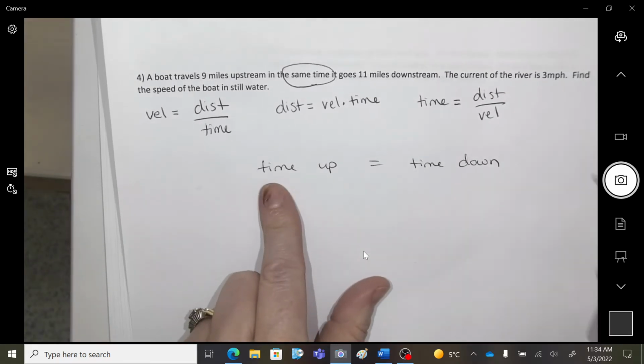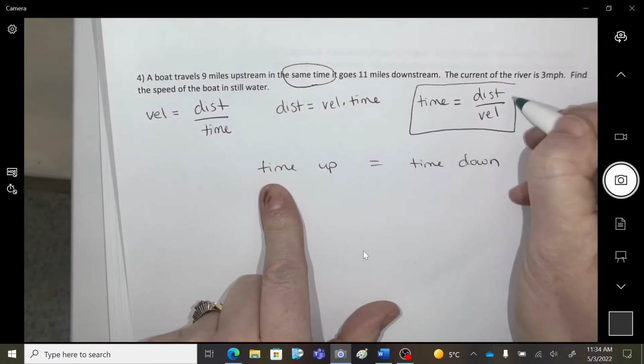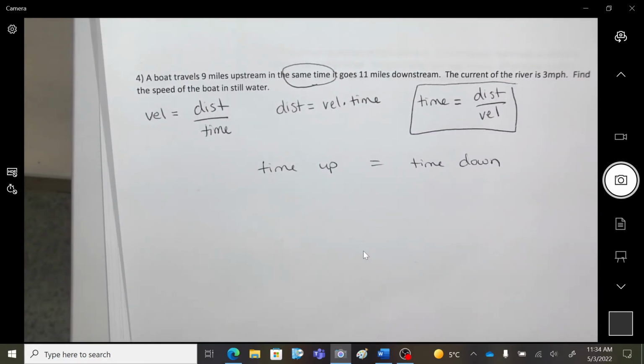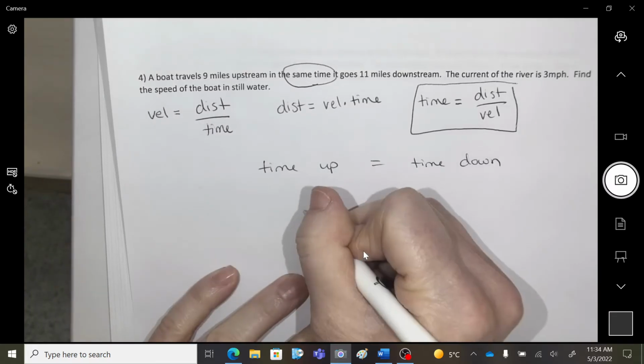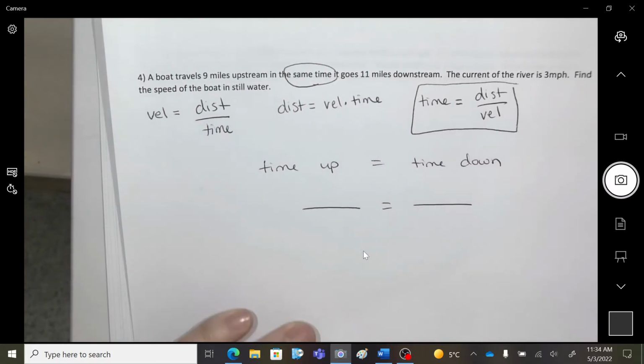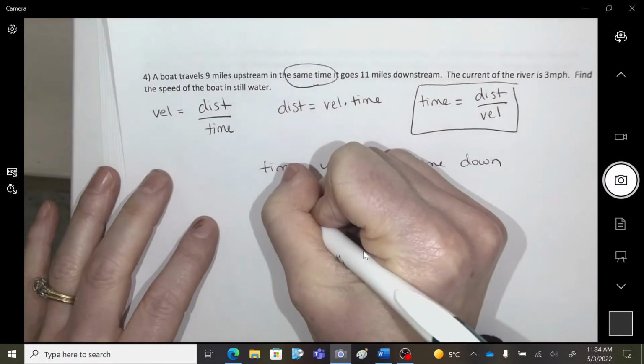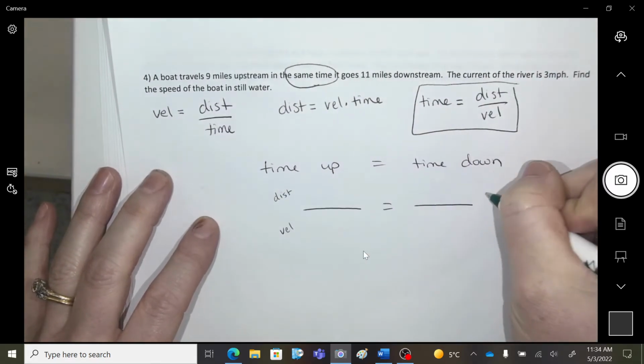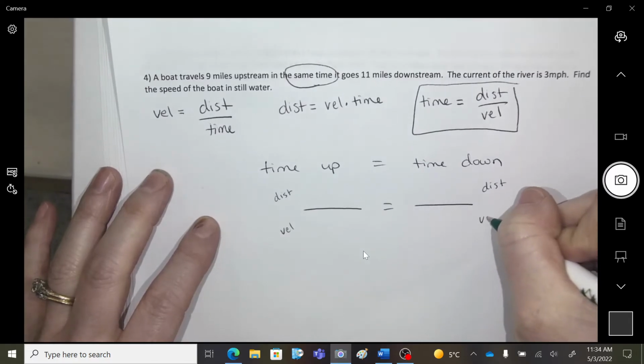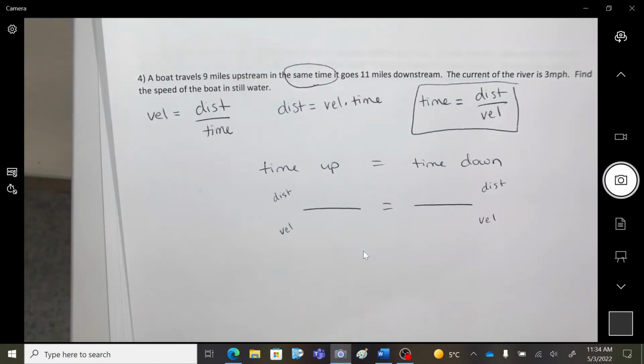Okay, so we're going to work with this formula: time equals distance over velocity. Okay, so this is what I'm going to do.